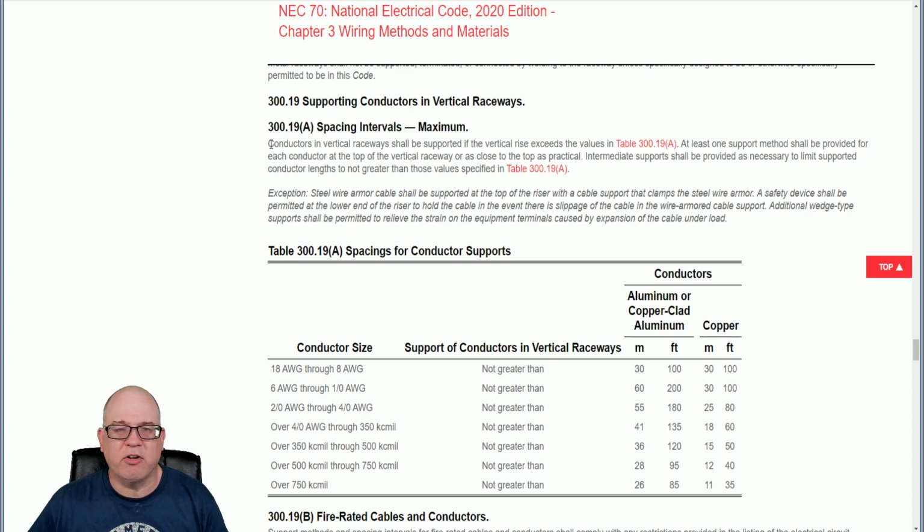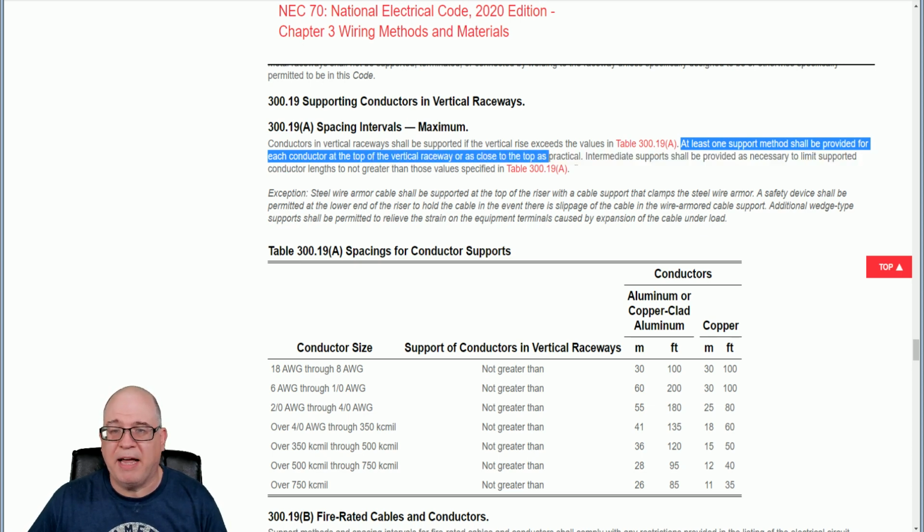It says conductors in vertical raceways shall be supported if the vertical rise exceeds the value in table 300.19(A). Once it exceeds the value in this table, then we're going to have to do some actual supporting vertically for these conductors. It says at least one support method shall be provided for each conductor at the top of the vertical raceway or as close to the top as practical.